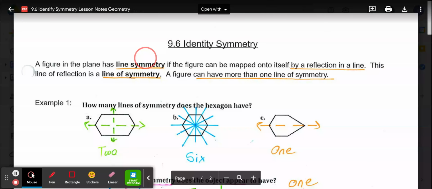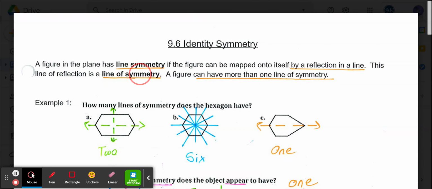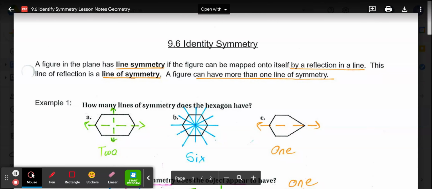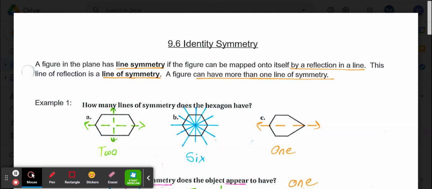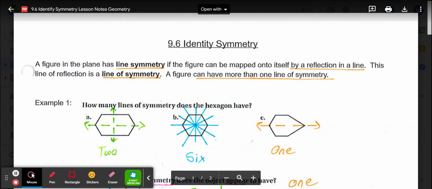This line of reflection is the line of symmetry. A figure can have more than one line of symmetry. Figures could have 0 lines of symmetry, and then they are not line symmetric, or figures that are line symmetric could have 1 or more lines of symmetry.